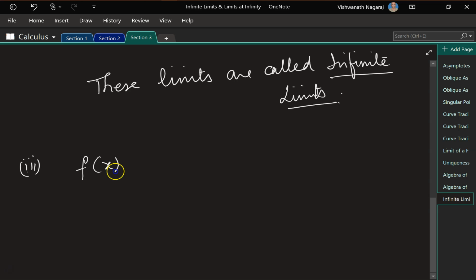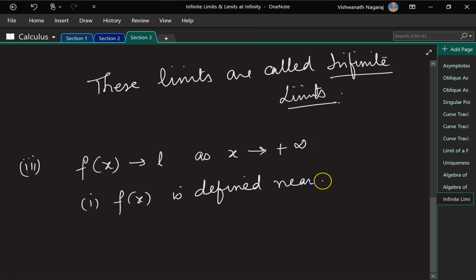So when we say f of x tends to a limit as x approaches positive infinity, that means x becomes larger and larger and larger. What we mean by that is f of x is defined near positive infinity. That means for all x greater than k belonging to the set of positive real numbers.